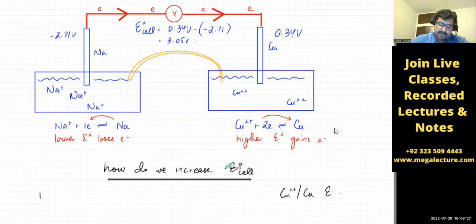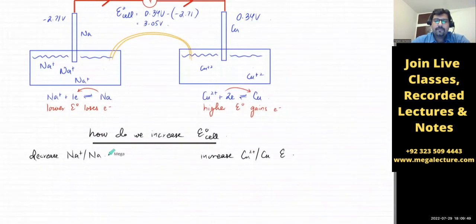The higher must be made even higher. Okay, the right side potential should increase, and you should decrease the sodium. So you should decrease the sodium electrode.